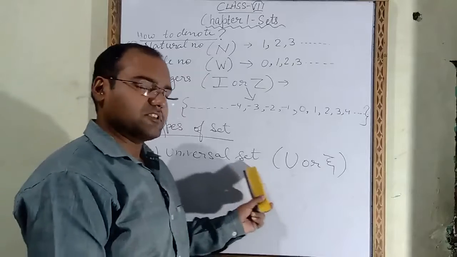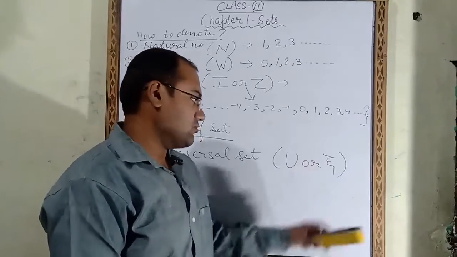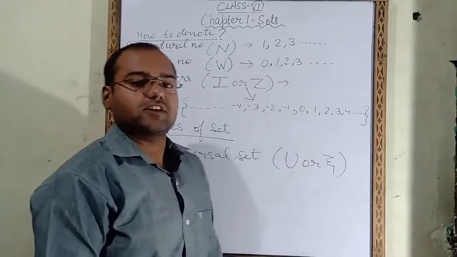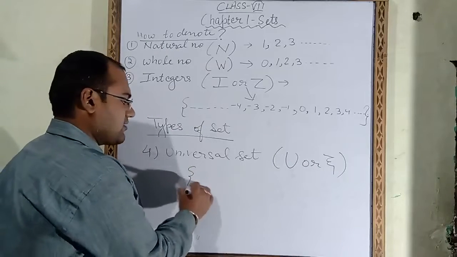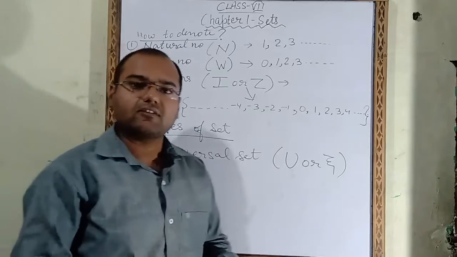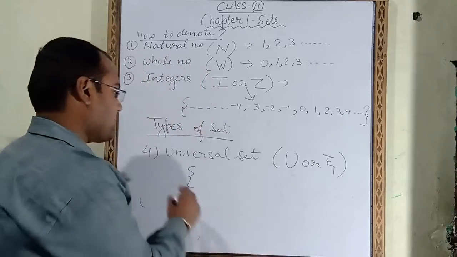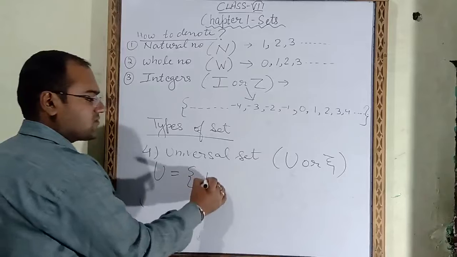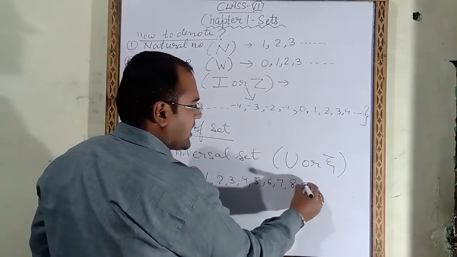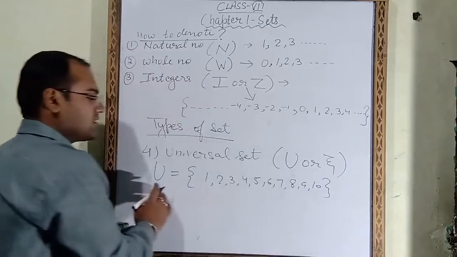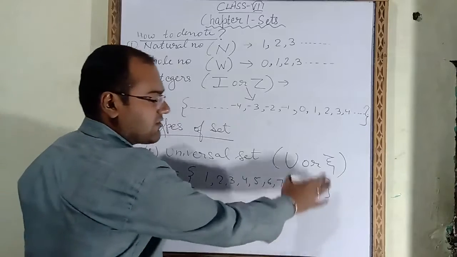We can use this symbol to represent universal set. Now what is a universal set? A universal set is the set from which we have to select all the values, or we have to choose the values. Let's say I had given the universal set as 1, 2, 3, 4, 5, 6, 7, 8, 9, 10.